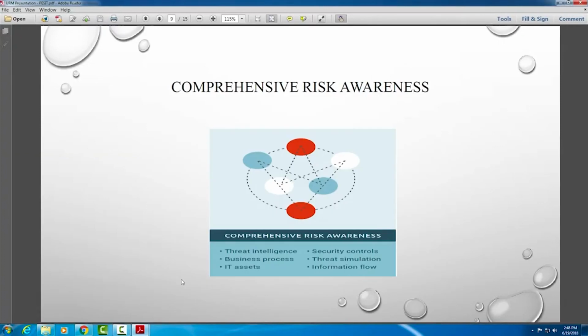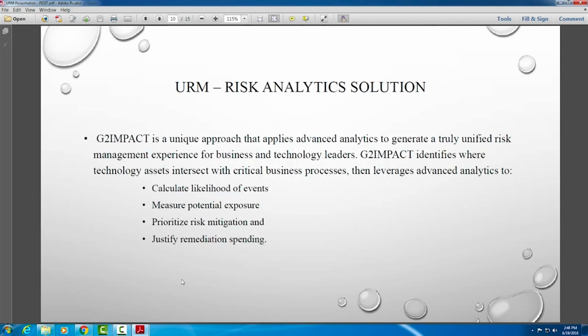And about this comprehensive risk awareness, what I am talking about is this particular unified risk management approach. When you do this risk assessment, or if you do the risk monitoring, how will you calculate the likelihood of an event? Some things are quite uncertain, right, whether it will happen or not.